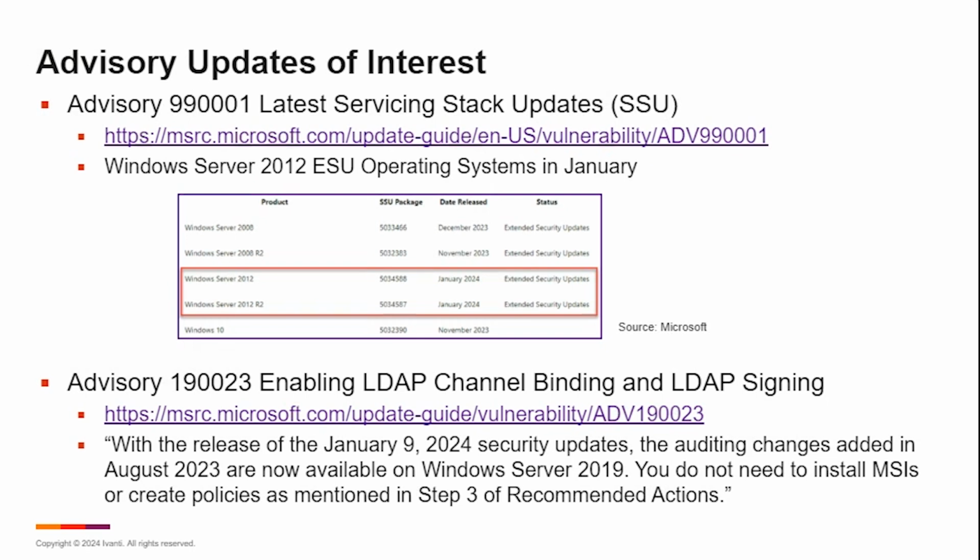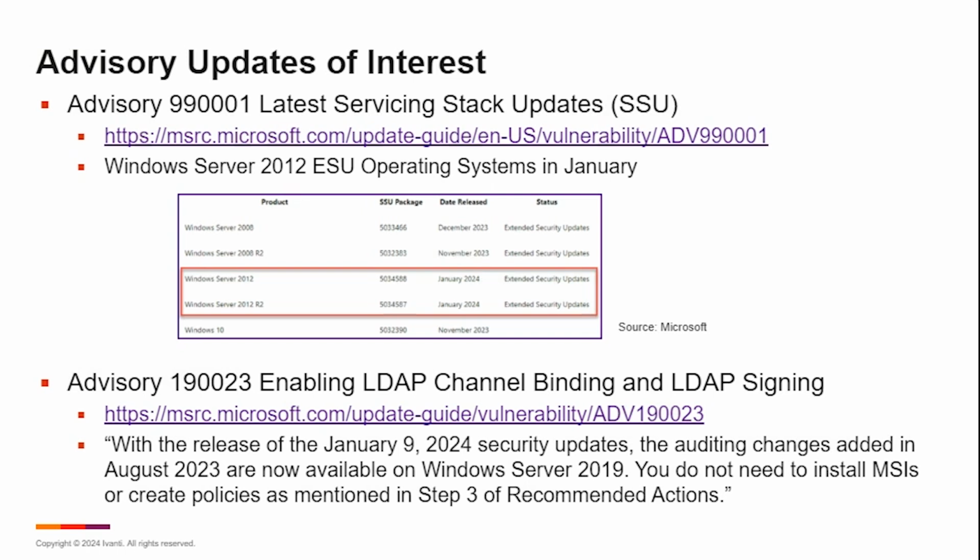And there was an update on this advisory that goes back a few years. Originally, it came out in August of 2019, I believe. But this was updated this month. The only change that occurred was Microsoft added some additional audit events for Server 2019.